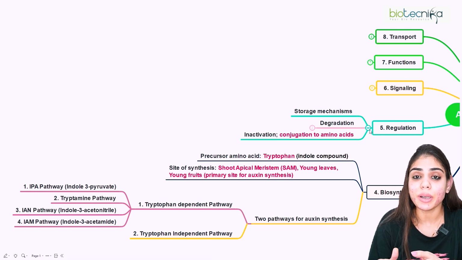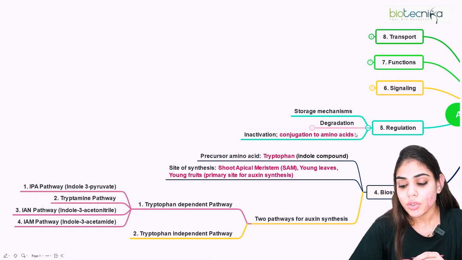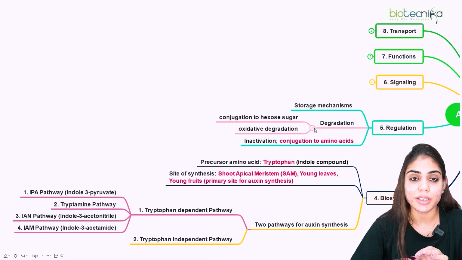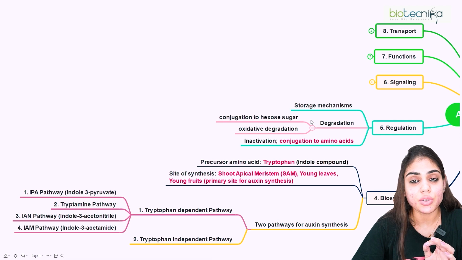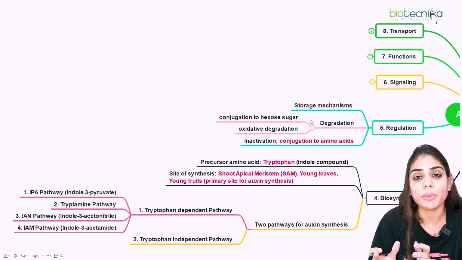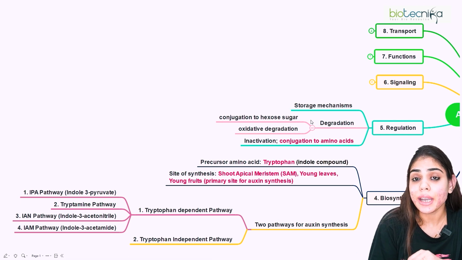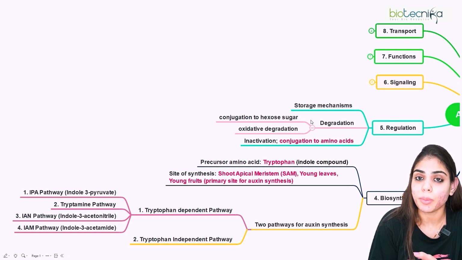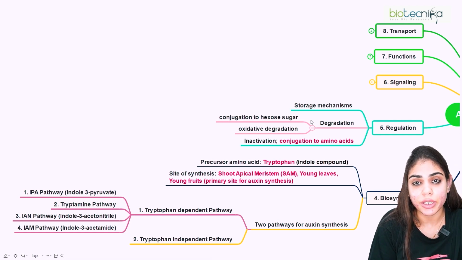So what are the different mechanisms by which auxin is regulated inside the plant cell? There are three main mechanisms for its regulation. The first is the storage mechanism, where the auxin is conjugated to some other molecules and stored inside the plant cells. Now it is in its inactive state, so it will not be toxic for the plant cell.